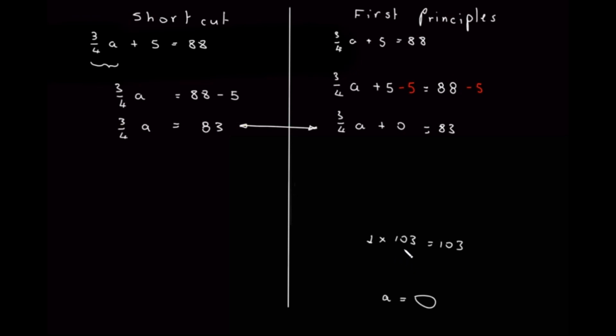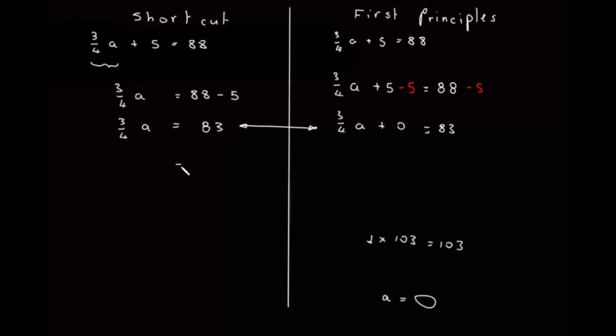So multiplying something by 1 has no effect on its value. If I can change that to 1, it has no effect on the A. In other words, it's the same as having A on its own if I change that to 1, which is what we do over this side.